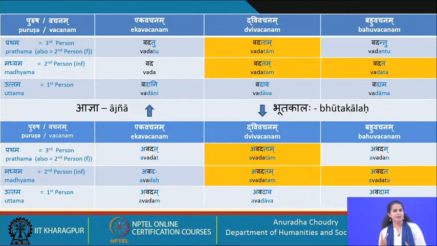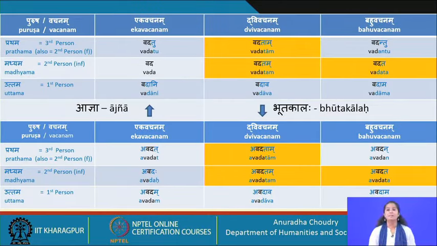Then vadava and vadama. So there is no visarga at all in the ajna, or the order or request forms. Now this, the orange thing that you can see there, the highlighted part, was the trick that I had learnt when learning this form. It was that the endings have tam tam ta. So if you remember that, the rest of it is easier to put in place. So vadatam, vadatam, vadata for that particular L.